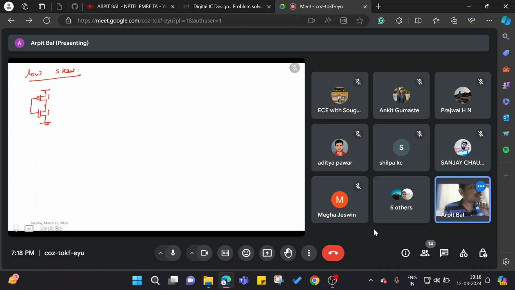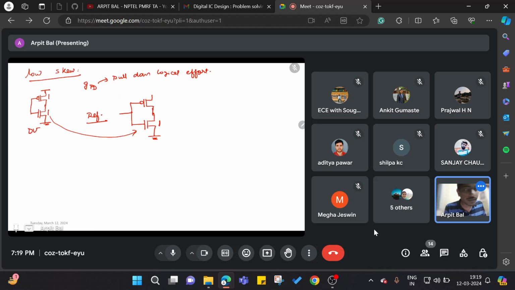Yes, sir. Okay, so let's say in this case I want to figure out what is going to be my GPD, that is pull down logical effort. Then I need to take a reference inverter which is going to have symmetric swing, and the width of the NMOS will be the same as that of my DUT inverter.